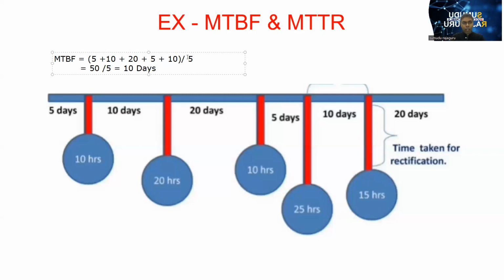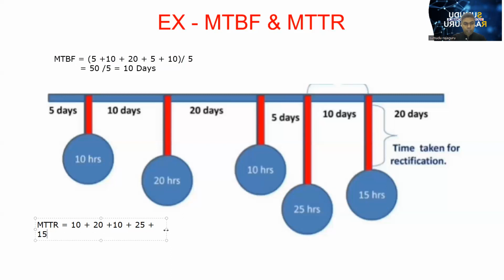Now we want to find out mean time to repair. What is the average time taken for the repair activity? Mean time to repair. Okay, you can see here 10 hours, 10 plus 20 hours. It is mentioned in this round shape. Inside the round shape, the time is mentioned. Then 10 hours, then 25 hours, and 15 hours.